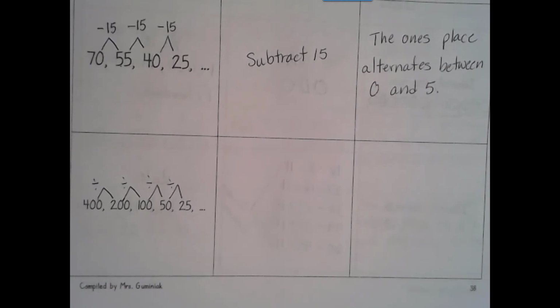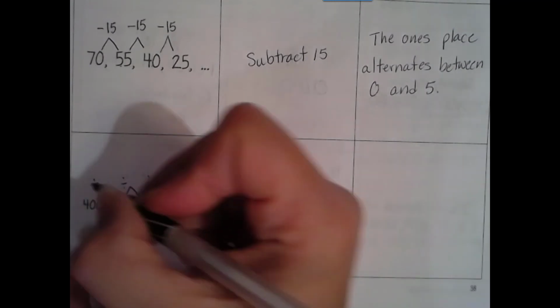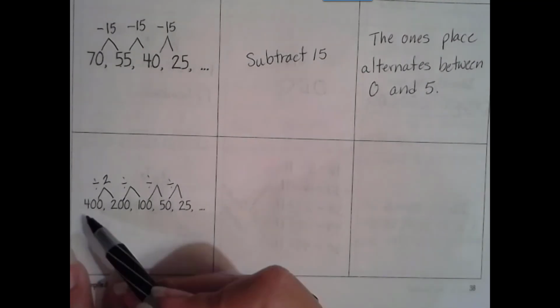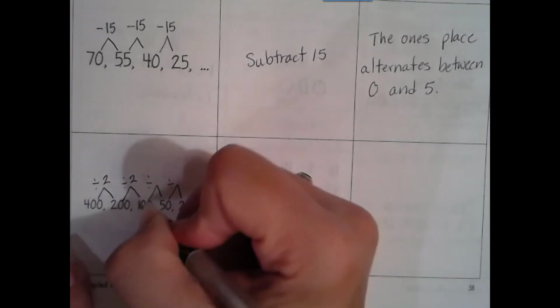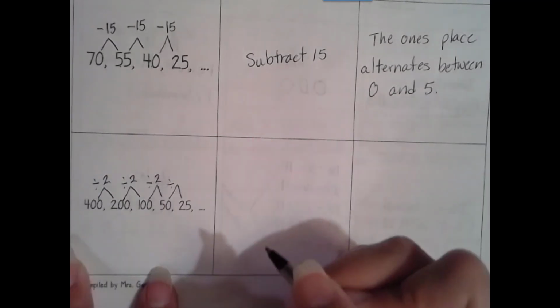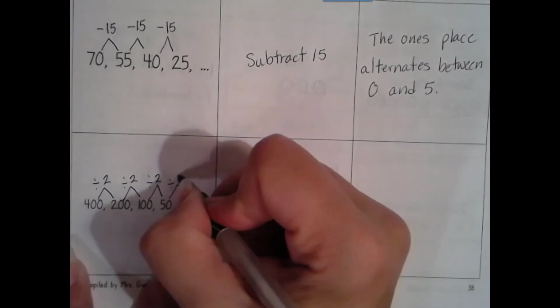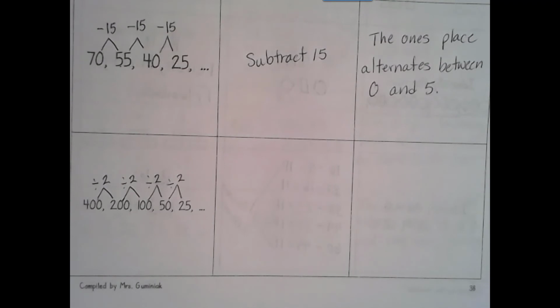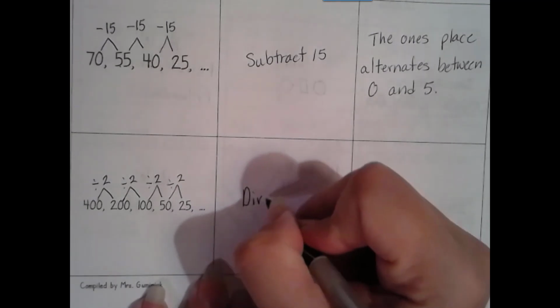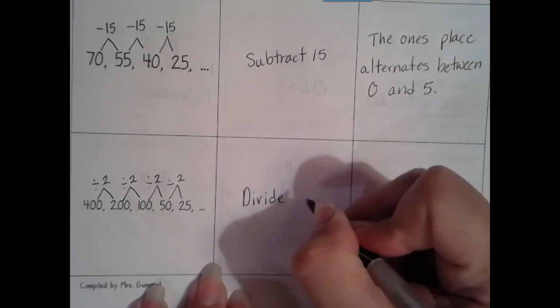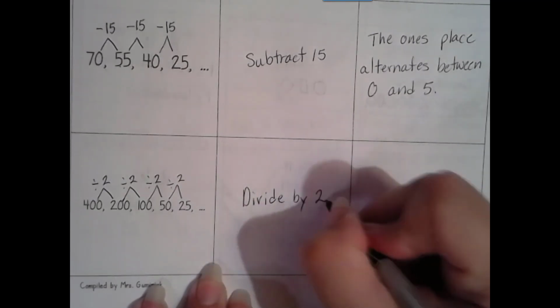And it looks like it's being cut in half, or divided by 2. 400 divided by 2 is 200, divided by 2 is 100. Cut that in half, or divide by 2 is 50. 50 divided by 2 is 25. So it looks like the rule is divide by 2.